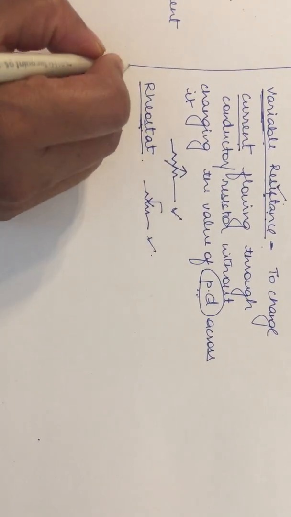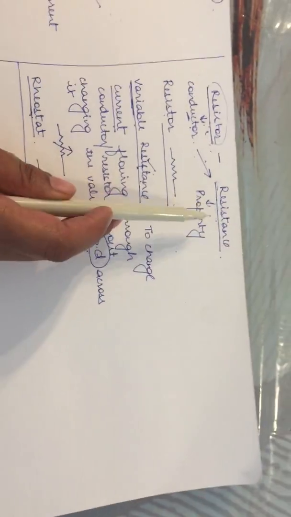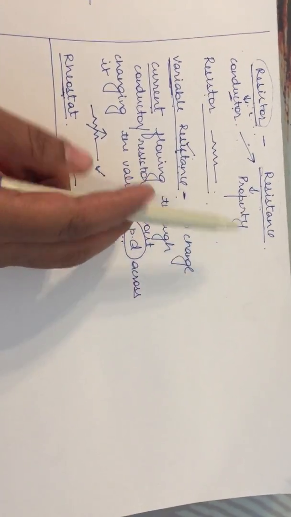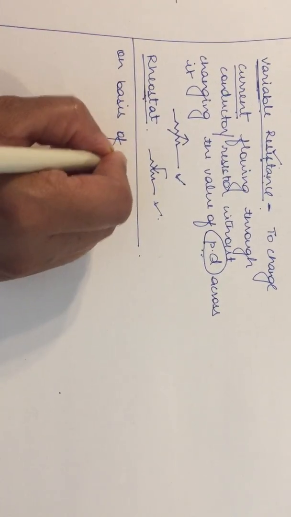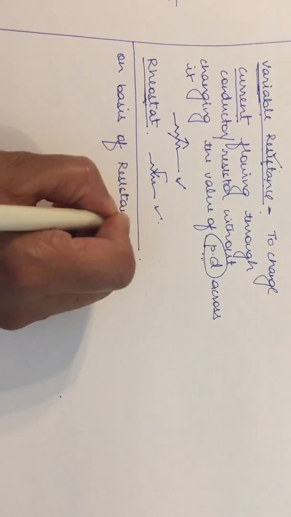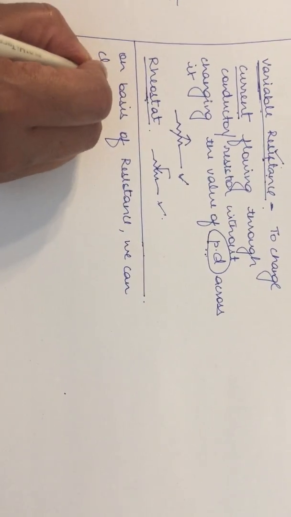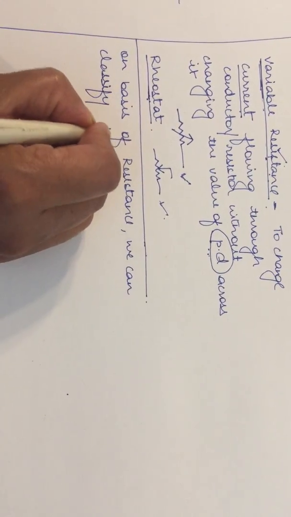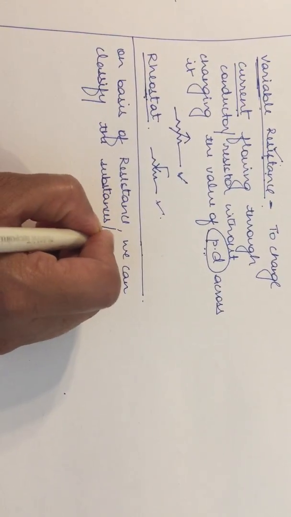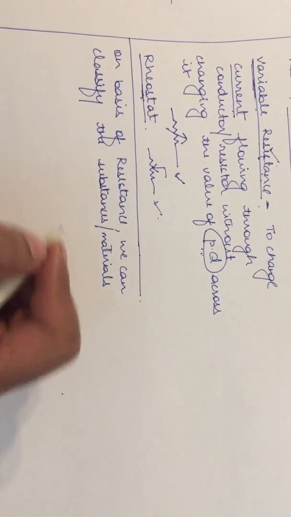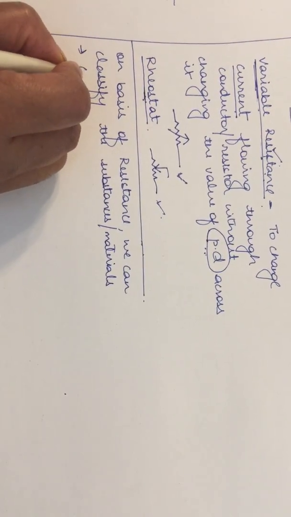Now, since we have learned what resistance is, it is obstruction to the flow of current. So on the basis of resistance, we can classify the substances or materials into various categories. So we have good conductors.